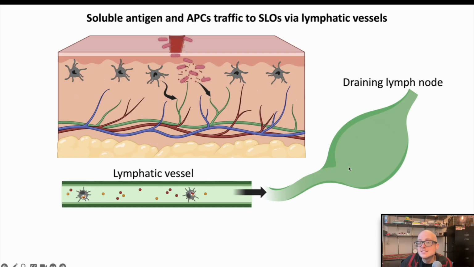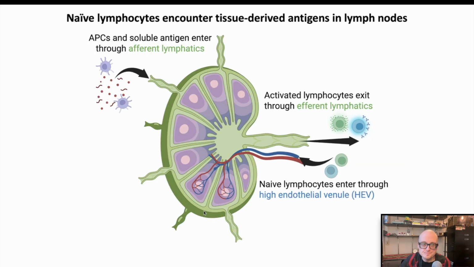And inside this lymph node is where these dendritic cells are going to be able to present that antigen to T cells in order to activate them, in order to fight this infection eventually and mount an adaptive immune response.